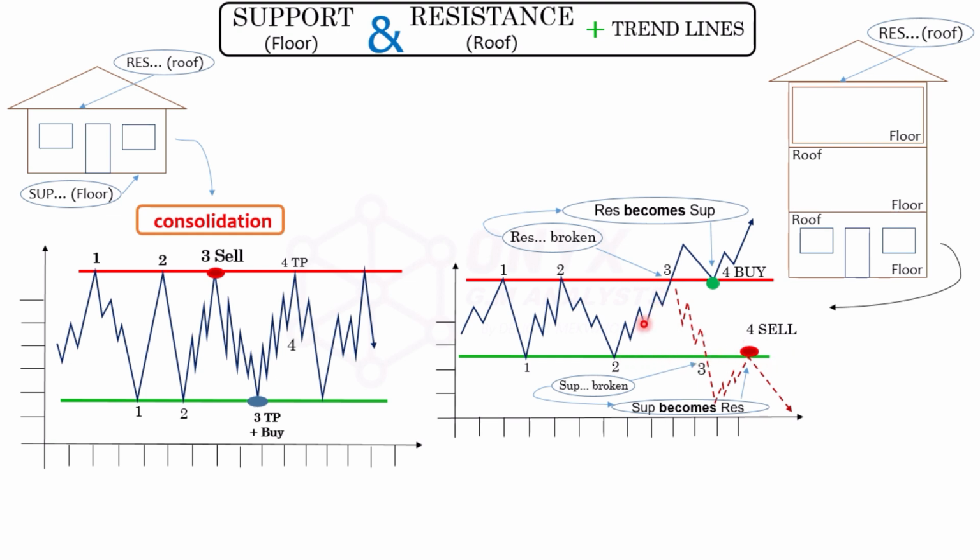And then, suppose the market does not break this resistance, but instead it bounces and then we sell. We sell here. And then when it gets to the floor, as expected, we expect the market to do what? To actually bounce on the floor, right? But suppose this bullet was powerful and then it breaks this floor, our support.